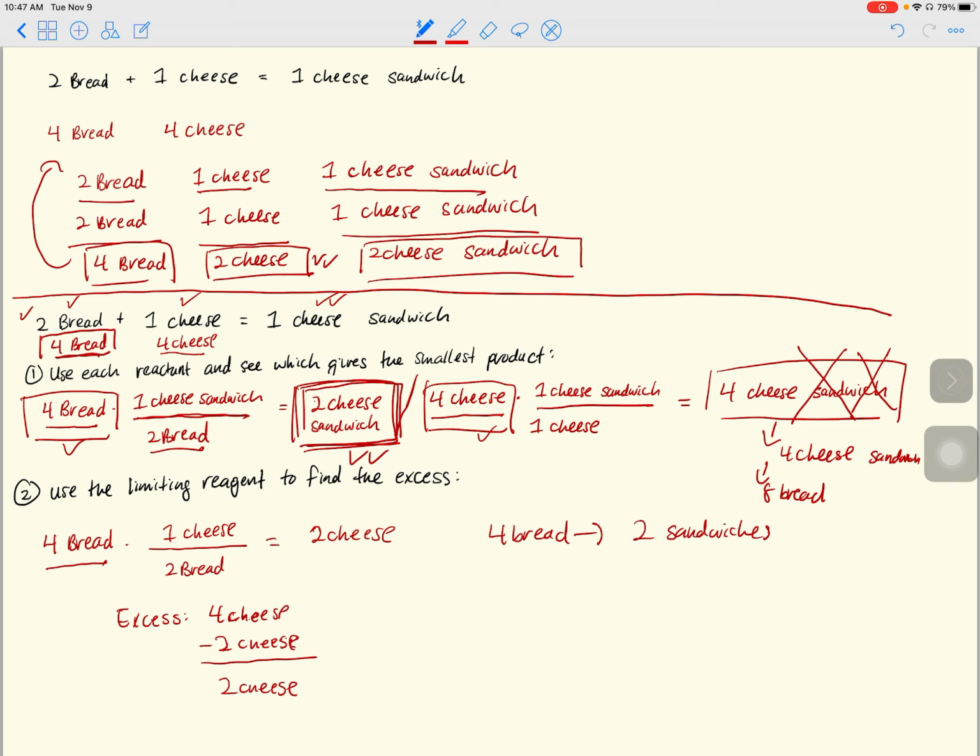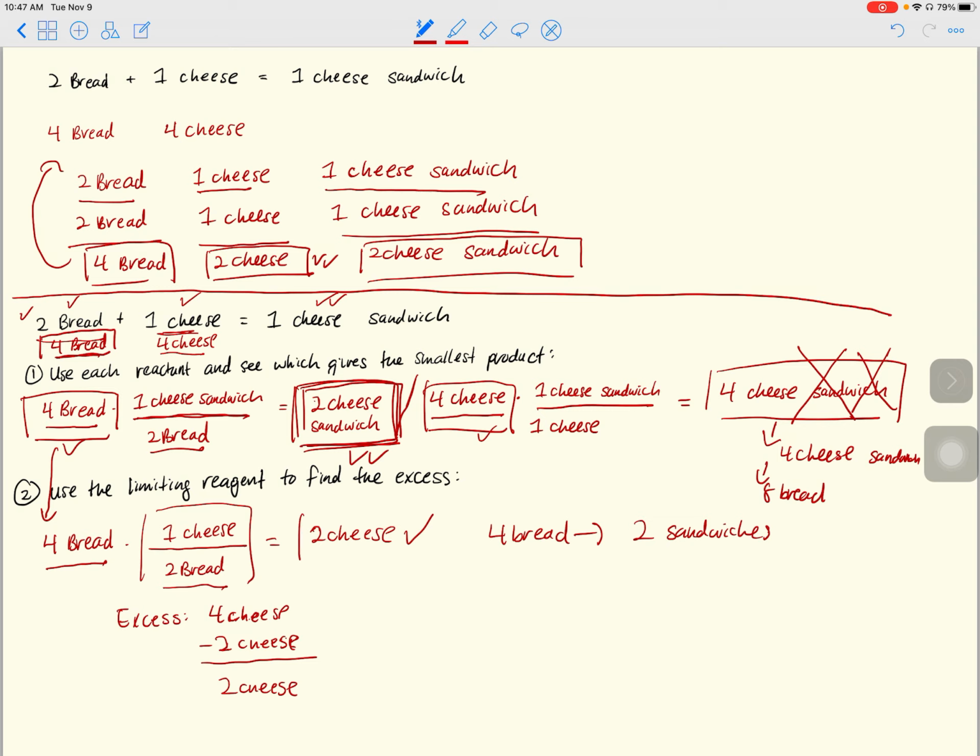And now once you find the limiting reactant or reagent, use that same ratio to find the excess. So we realized the limiting reagent was 4 bread, and we used the mole ratio. So every 2 bread, we need 1 cheese. And I use the ratio right here. And so when I use 4 bread, I use 2 cheese.